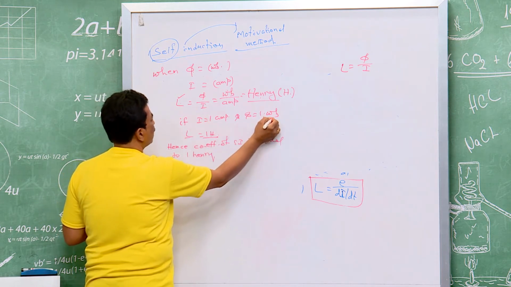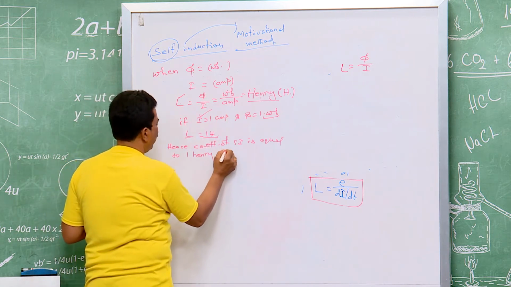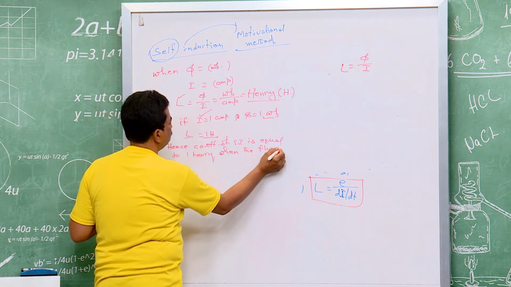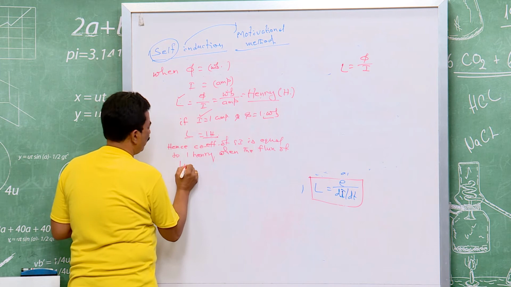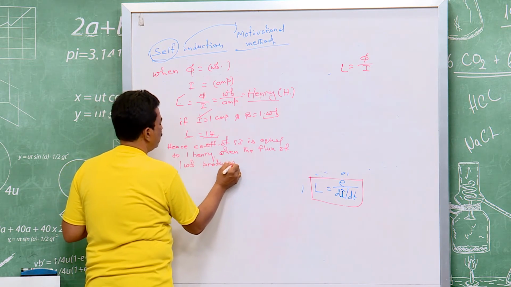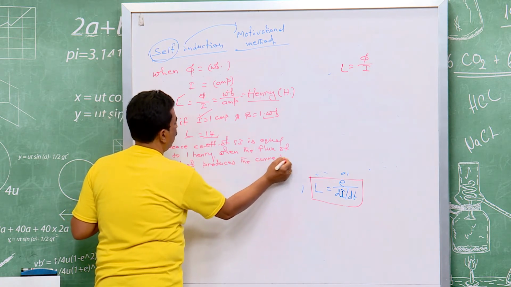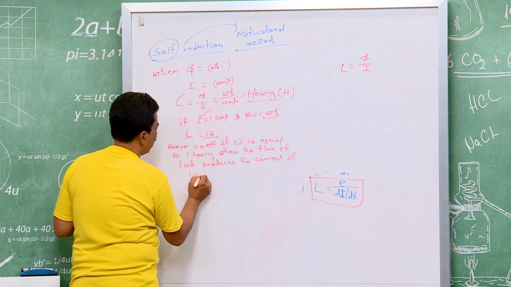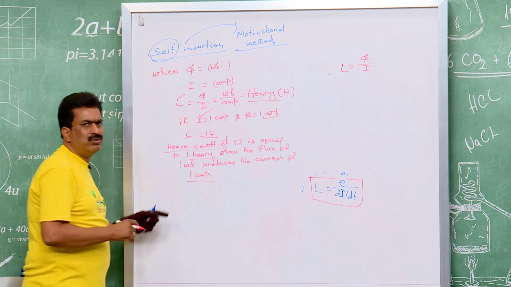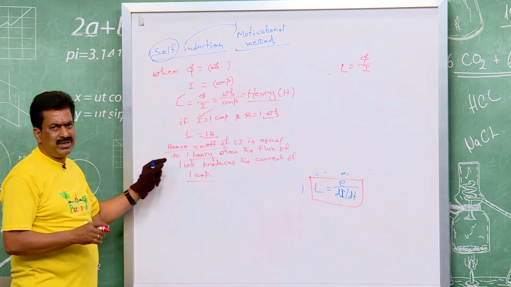When the flux of this amount will produce the current of this amount, when the flux of 1 Weber produces the current of 1 ampere, this is the definition of the Henry, which you will find in your +2 as a short question, define Henry.